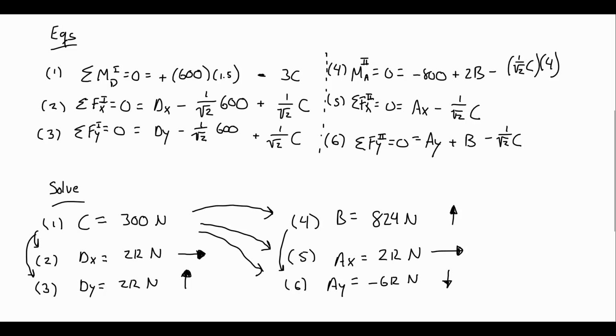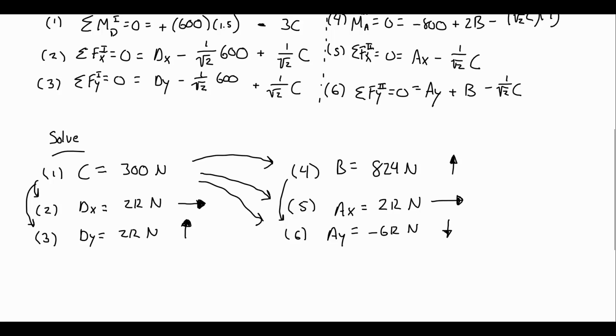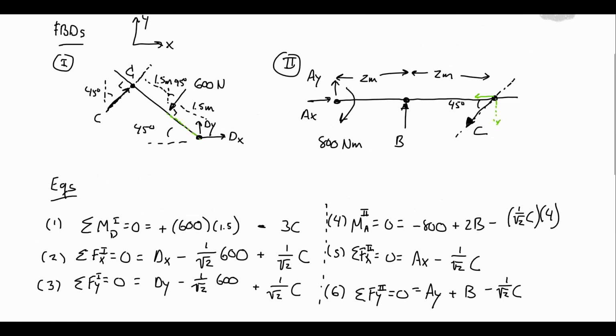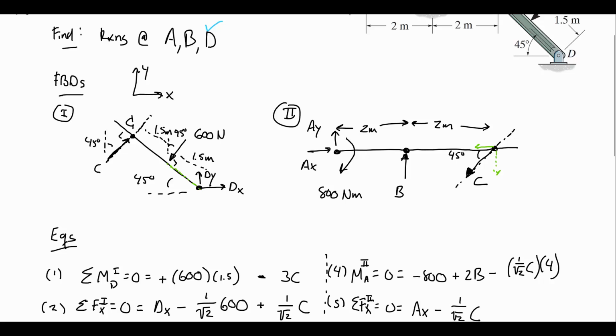It's just that my assumption was the opposite of the direction of C. So if C, we got 300 drawing it up and to the right, or negative 300 drawing it down and to the left in picture 1, all of my other answers would have been consistent. But again, I would have been obligated to draw it equal and opposite in picture 2, however I drew it in picture 1.